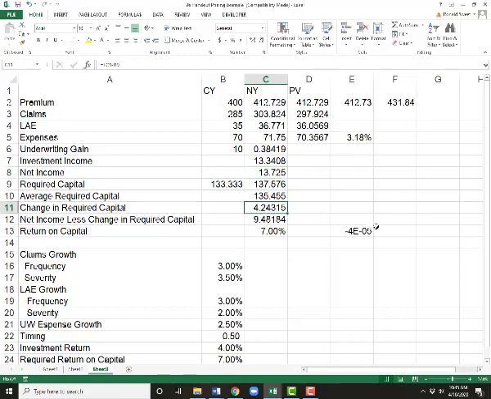Unfortunately, because the business is growing, we have to hold more capital, so we penalize ourselves for having to hold an extra 4.24 in capital. And so our return is 7%, return on capital, taking out the required extra capital. So hopefully that all makes sense.